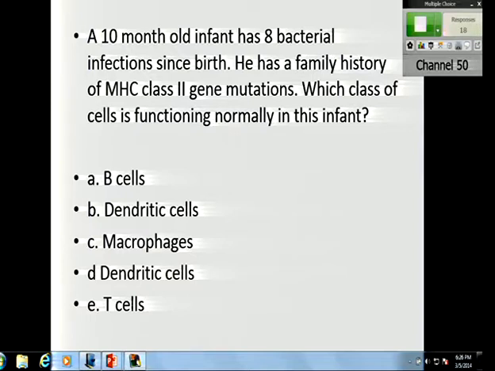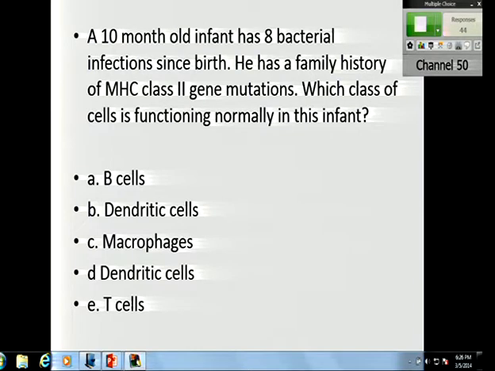There are 2 dendritic cells. Okay, so this is an easy one. What's the answer? The T cells. There is a problem with the MHC class 2. So which are the cells which have MHC class 2 on their surface? Yes, B cells, dendritic cells, macrophages.